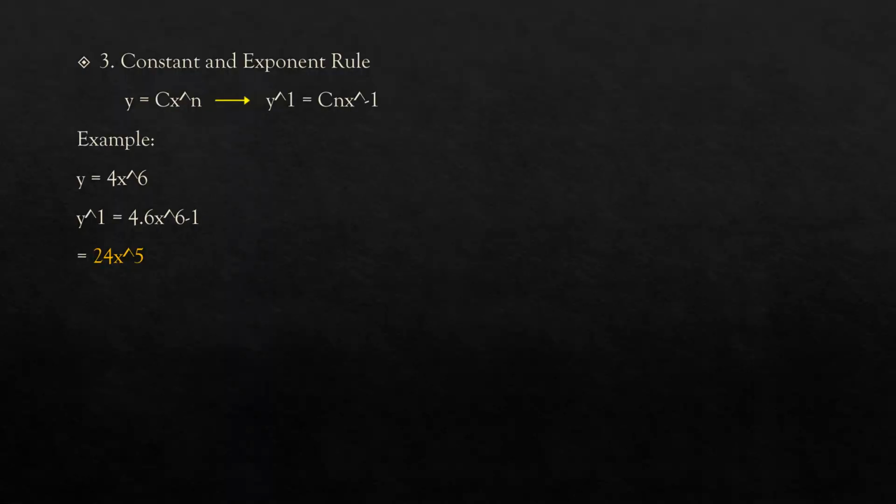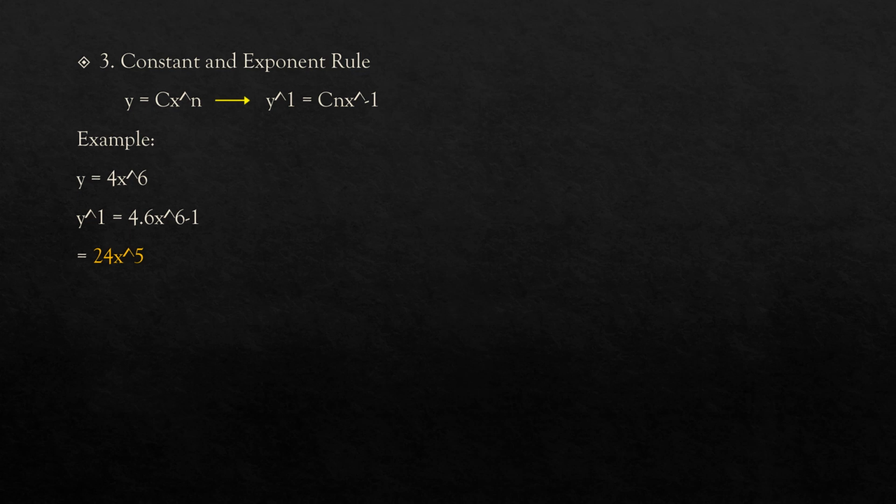Next, we have the constant and exponent rule. So y equals c times x raised to n. The derivative will be equal to c times n times x raised to n minus 1. This will be n minus 1. Say for example, y equals 4x raised to 6.